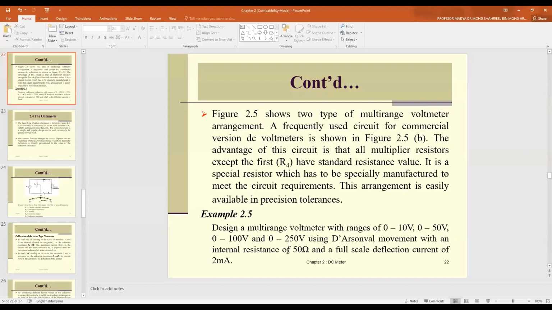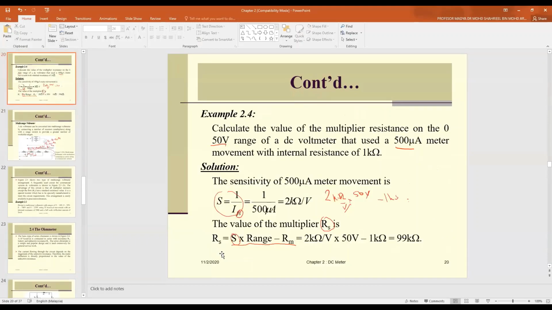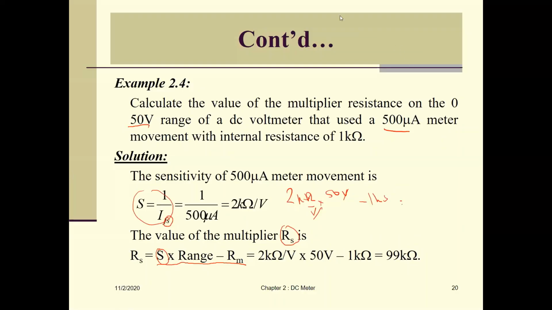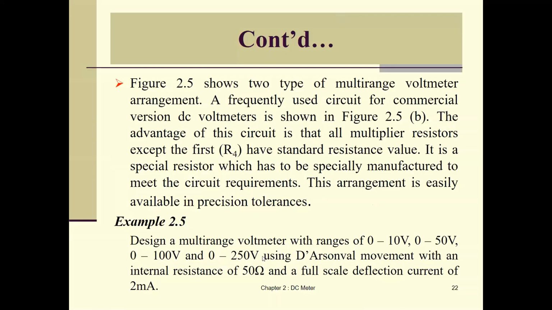Rm equals 50 and the full deflection current is 2 milliampere. Using this formula, calculate first. Sorry guys, sorry to share the slide. Try this one first.